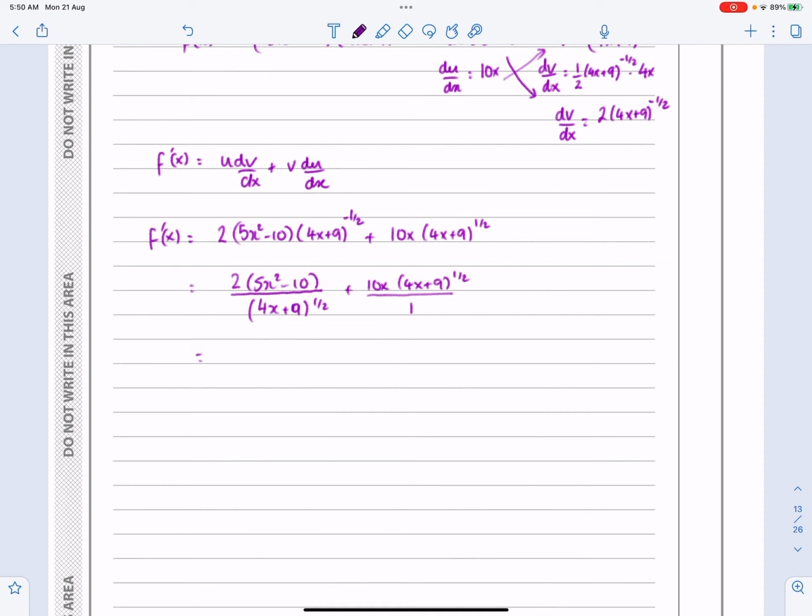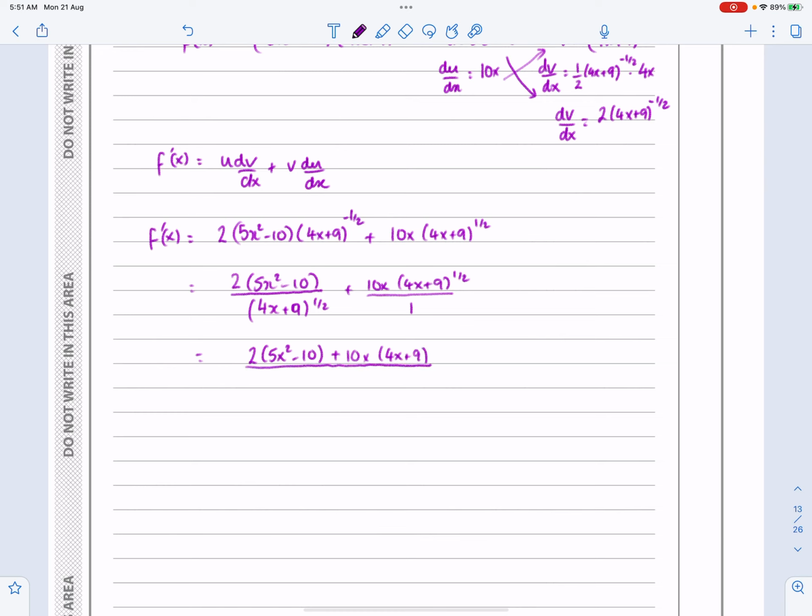So we're going to get 1 times 2 lots of 5x squared minus 10. That bit, that's easy enough to do. And actually this bit isn't too bad either, because the whole point about this is that when I do 4x plus 9 to the half times 4x plus 9 to the half, it's going to make 4x plus 9. That's the really cool thing about this and why it tidies up to be something quite neat here. So 10x, 4x plus 9 there.